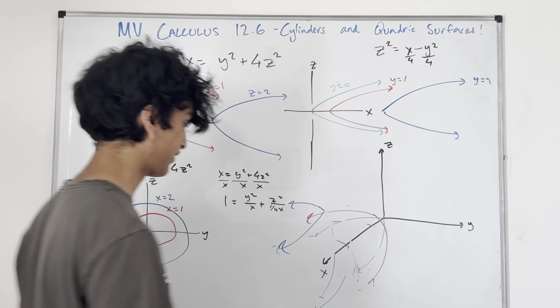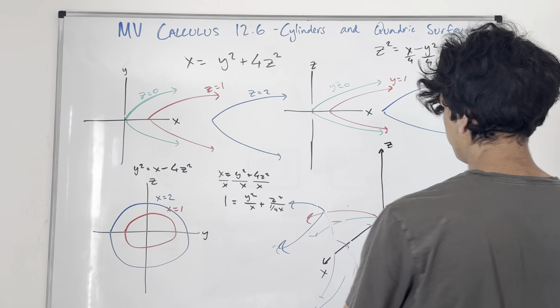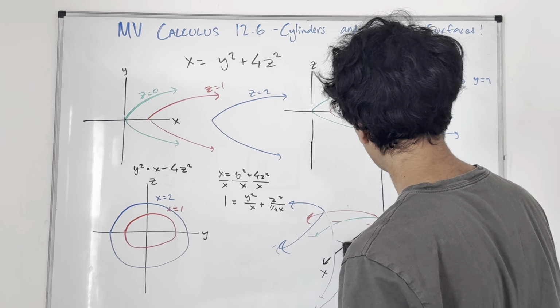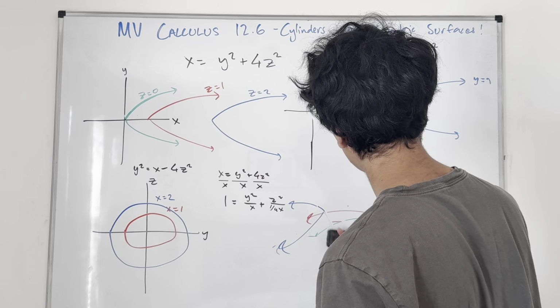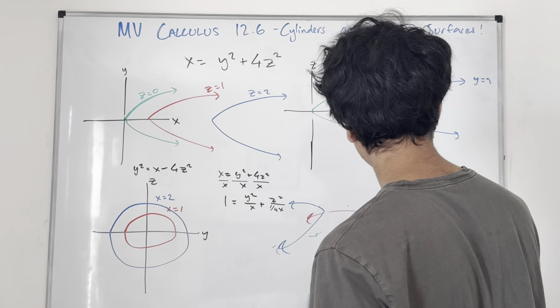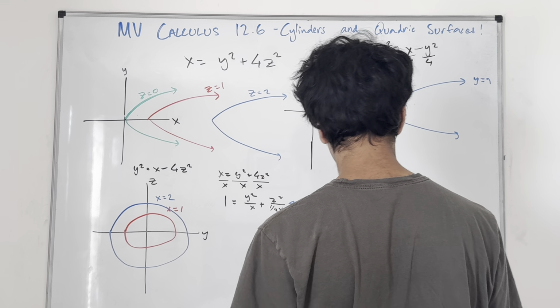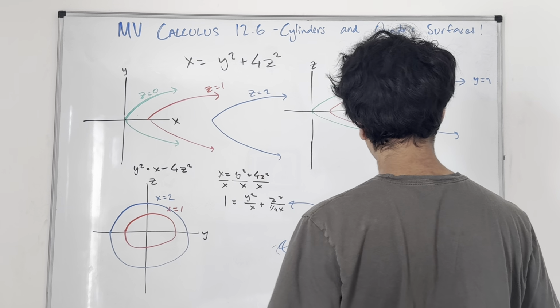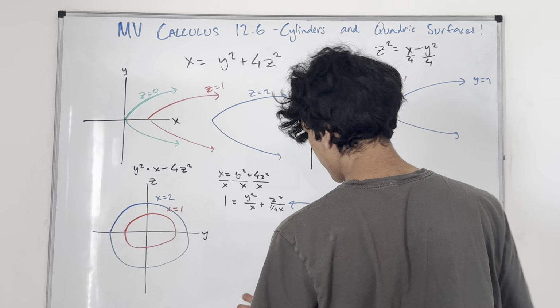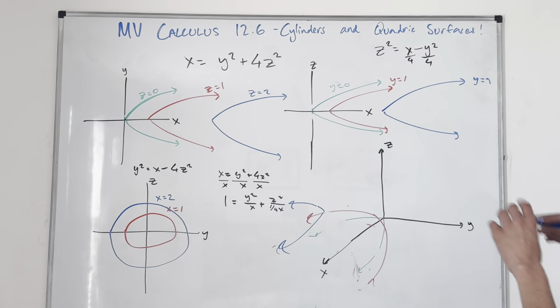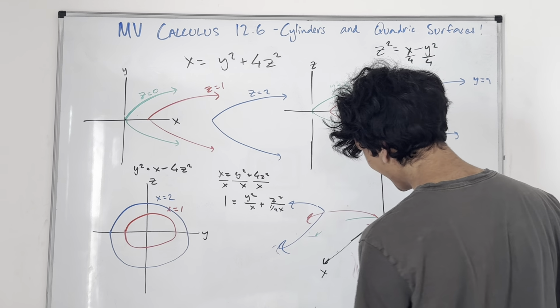If you think about the zx plane, let me at least erase some of this stuff so it's not too confusing. Now if you think about the zx plane, oh, this is an atrocious drawing. But bear with me.